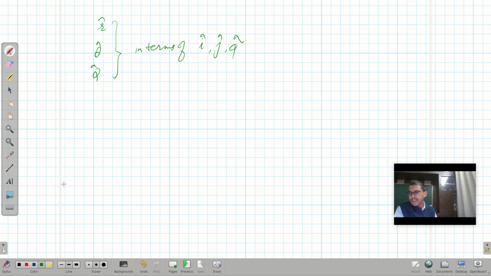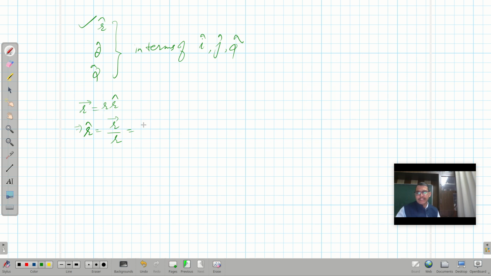Again redraw a diagram, or let me go back to the other diagram. First of all, let me do one thing. Let us look at the r vector. The r vector is represented by r cap multiplied by its magnitude. So r cap is basically the r vector divided by its magnitude. It will represent r cap.